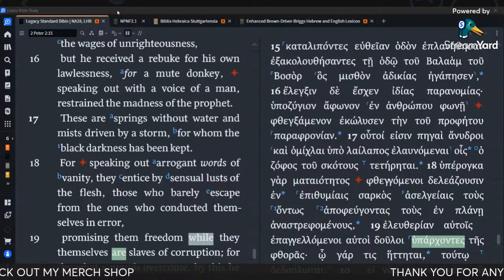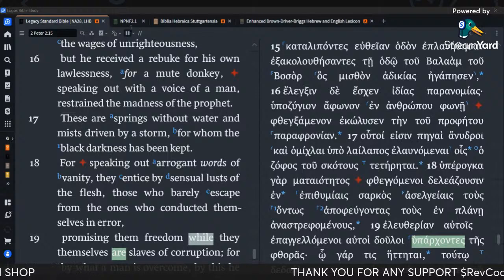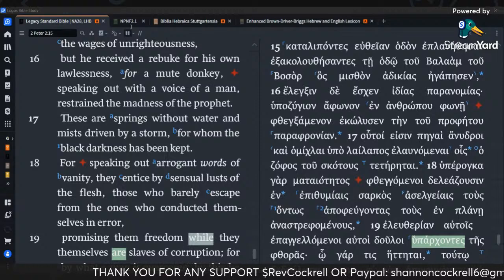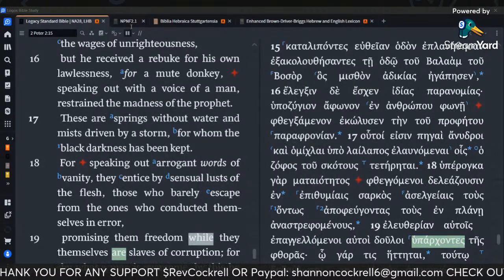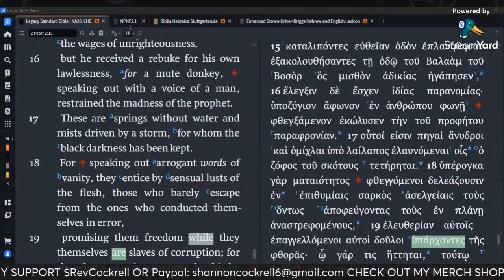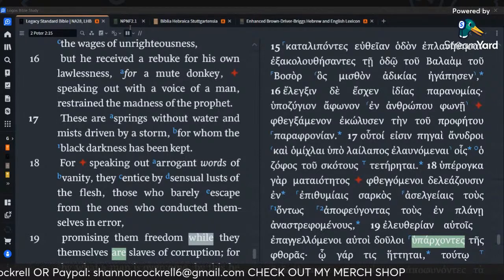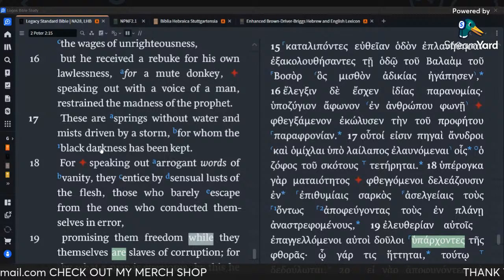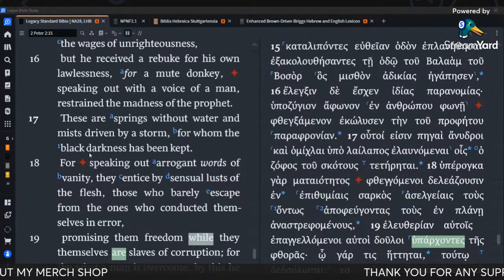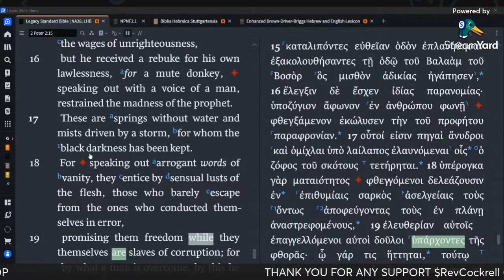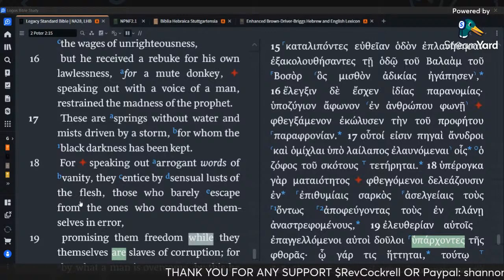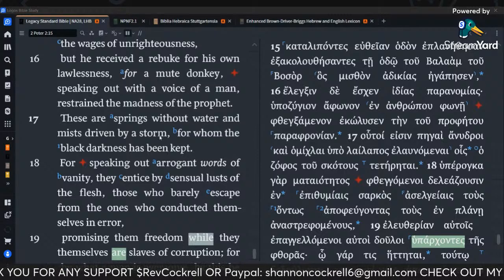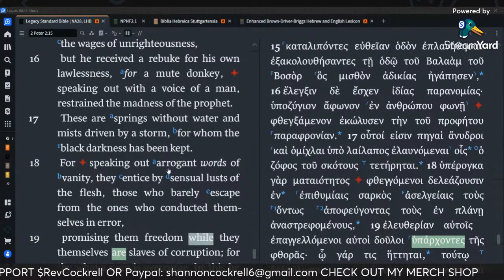But false teaching is dangerous. So Peter, especially in this last part of chapter 2, is saying be cautious of the false teachers. They are dangerous. They are deceptive.